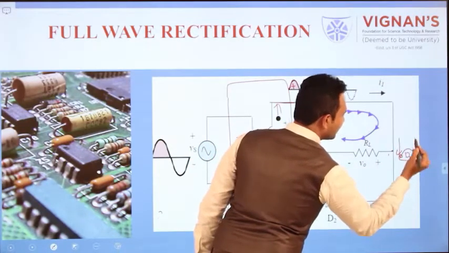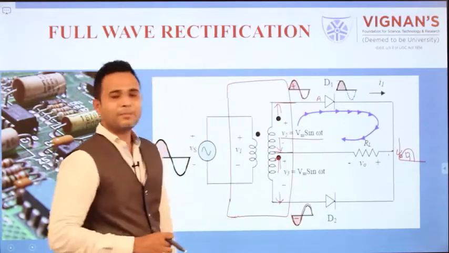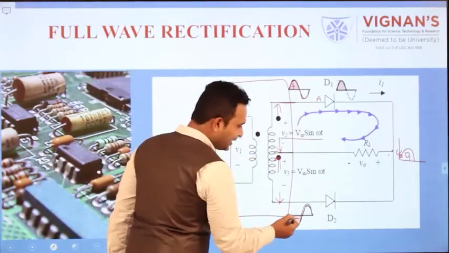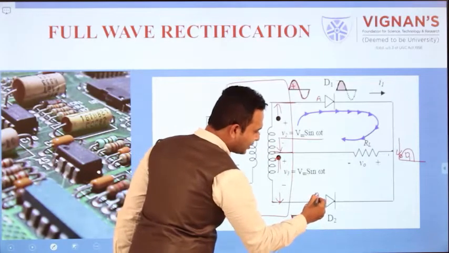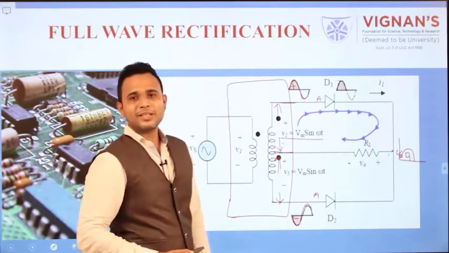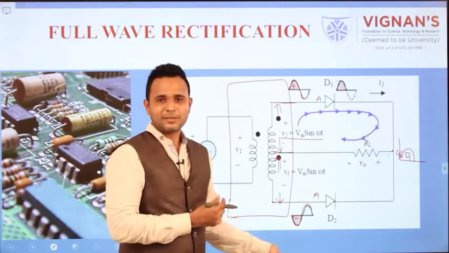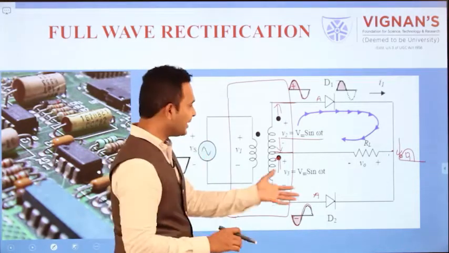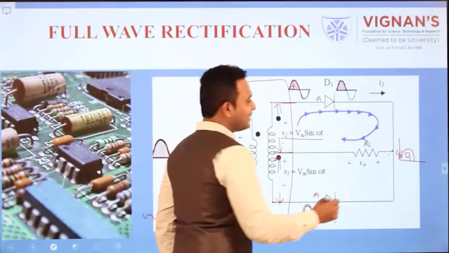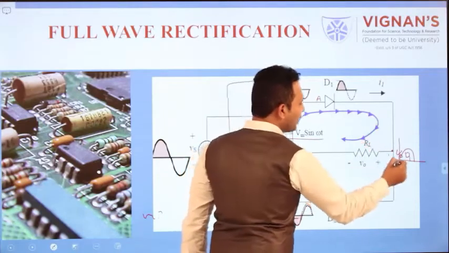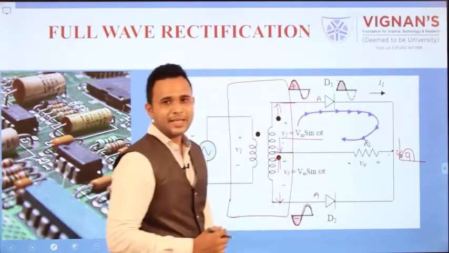For diode D1 the positive pulse is coming here. At the same time the negative is connected to the anode terminal of D2, so D2 is in open circuit, which means it is not working, so current is not flowing. At this node both currents are added, so only one positive peak is coming at the output side.